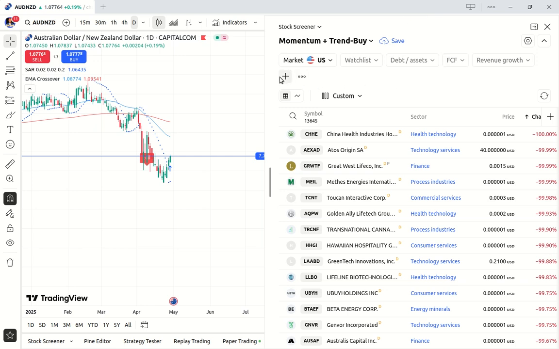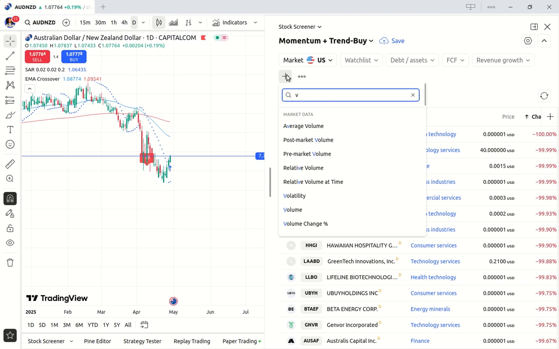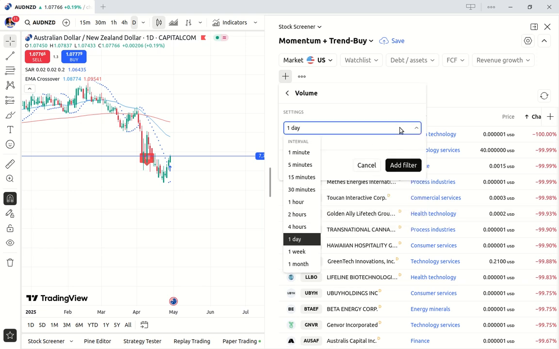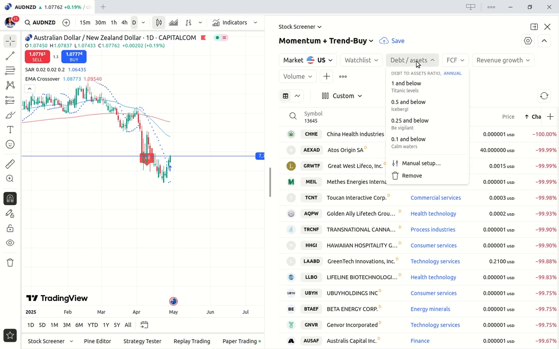What else? I think let's put volume. Alright, so remember the chart that I showed you. The first thing that you do is you need to make sure the debt is below 1.